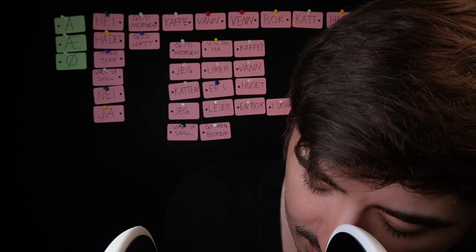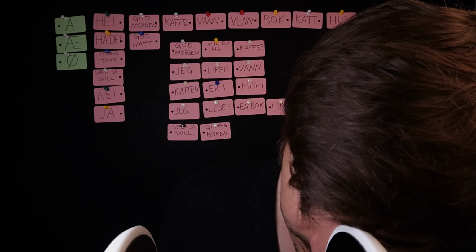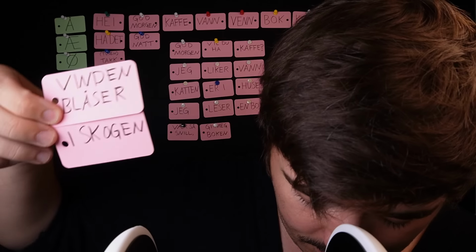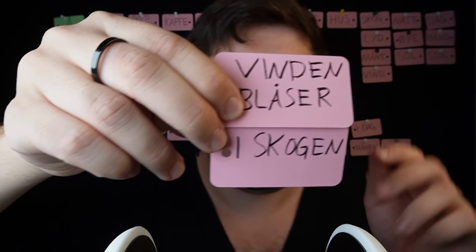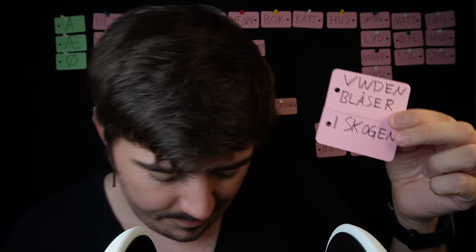And how we say this is, vind blåser i skogen. Vind blåser i skogen.